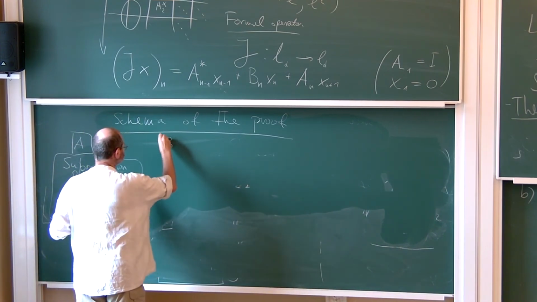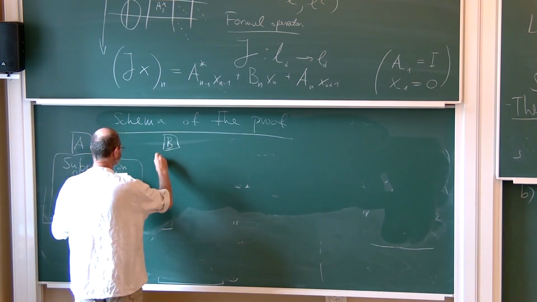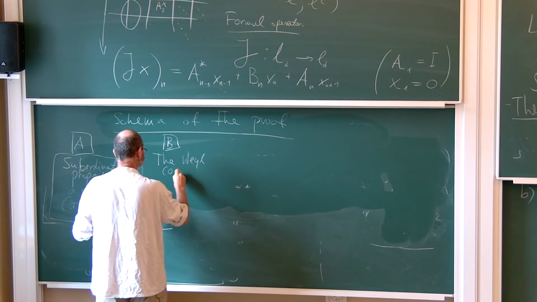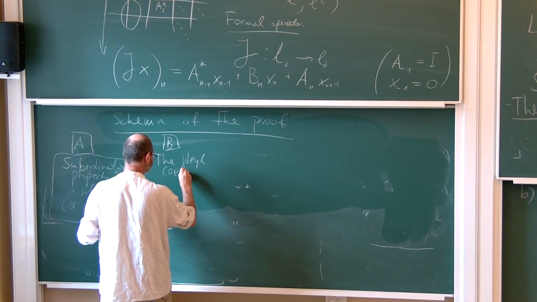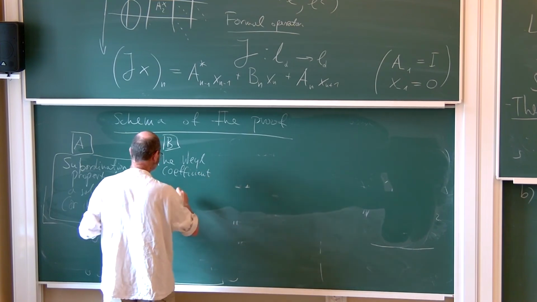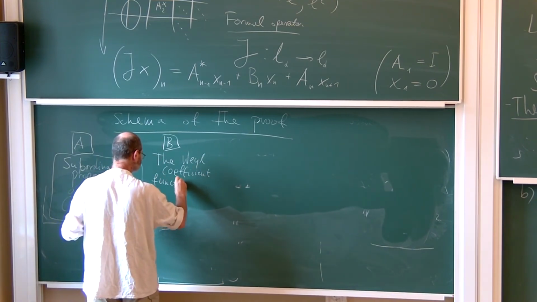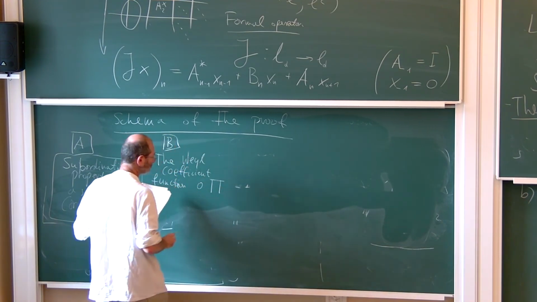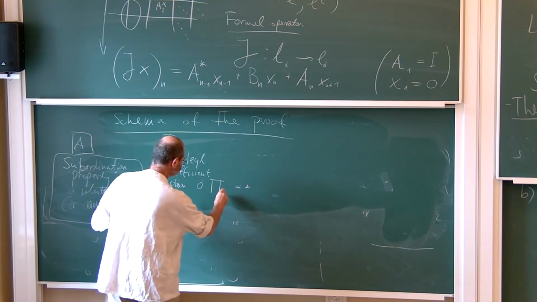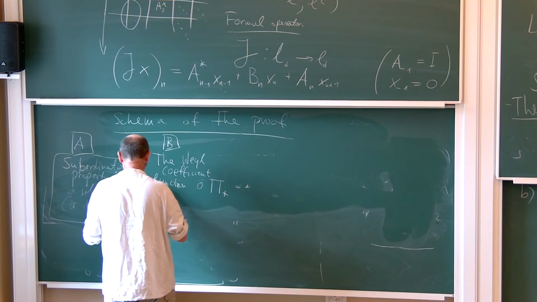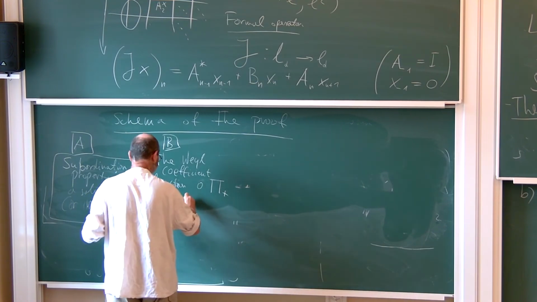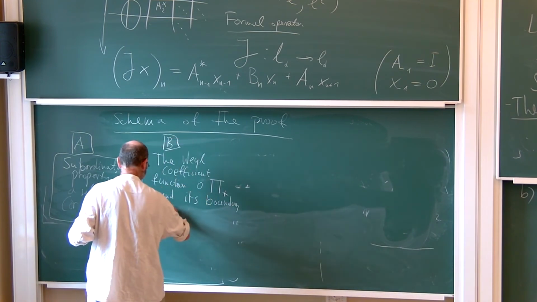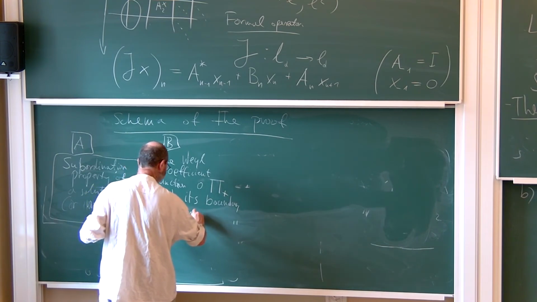The second one, B, is the so-called Weyl coefficient function on the upper half complex plane, and its boundary limits on the real line.